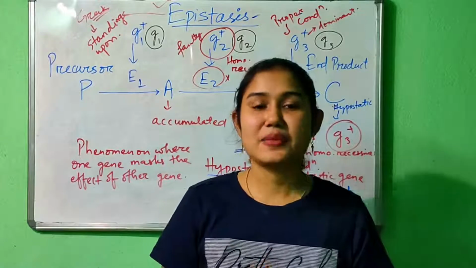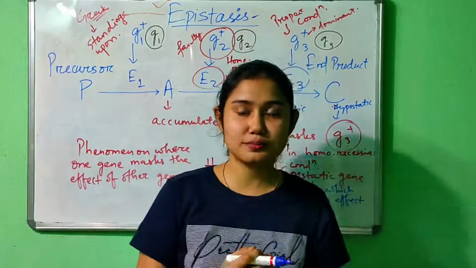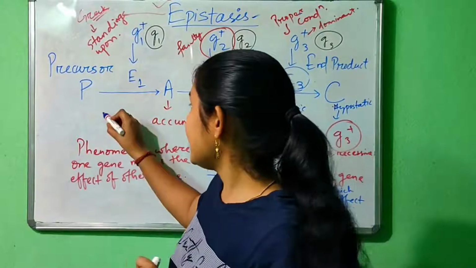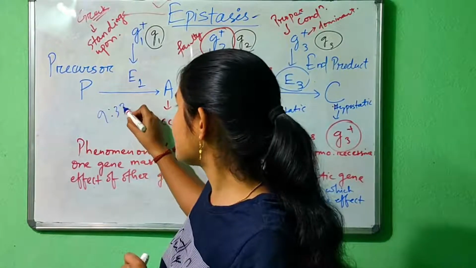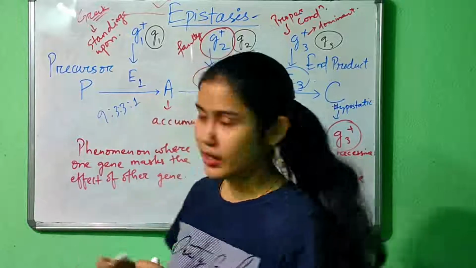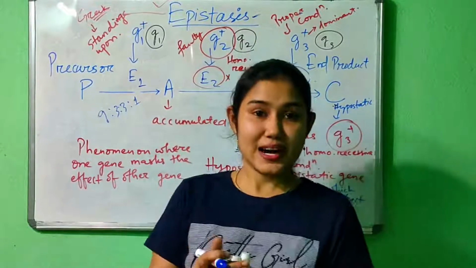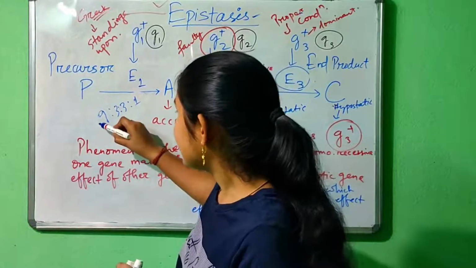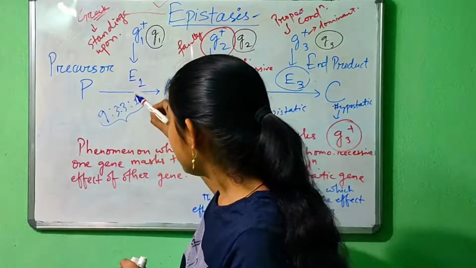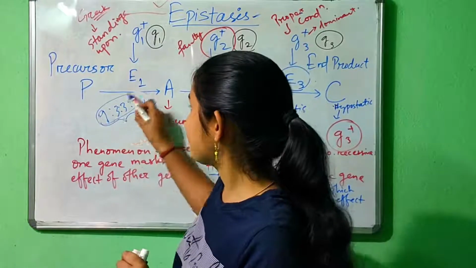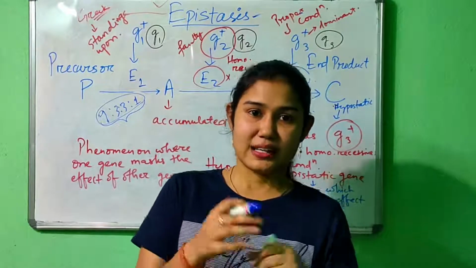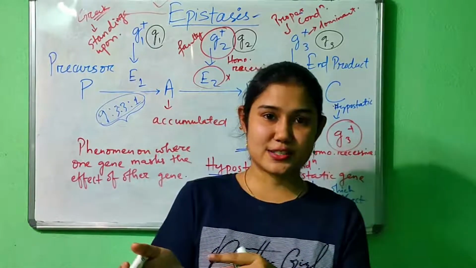Another thing is, in case of dominance, we see the ratio of 9:3:1. But in case of epistasis, we will get a ratio which will be a combination of these four numbers, various combinations, that we will discuss in the next video.